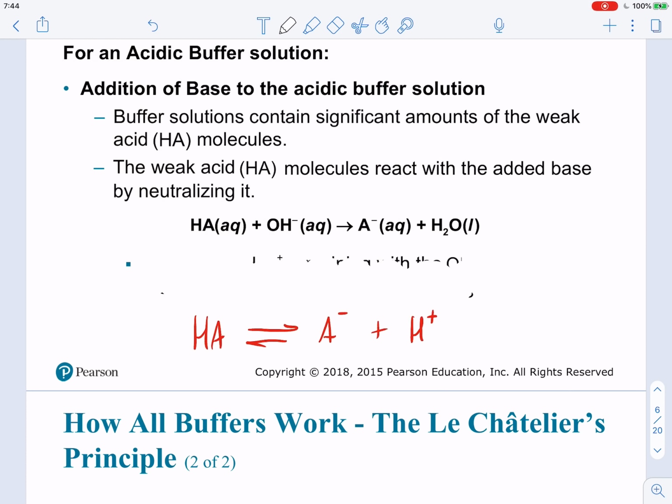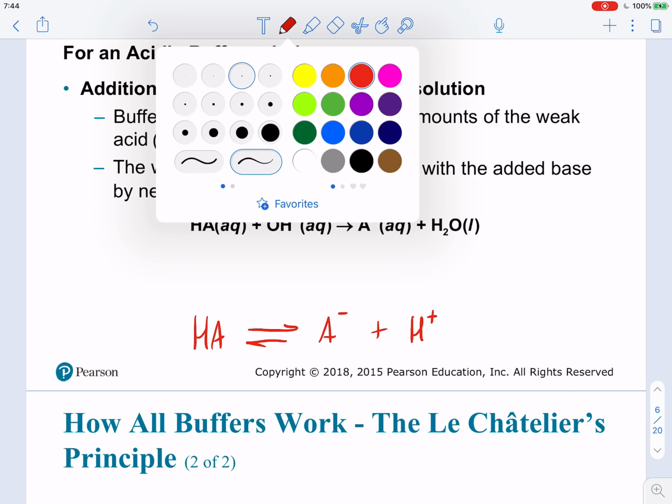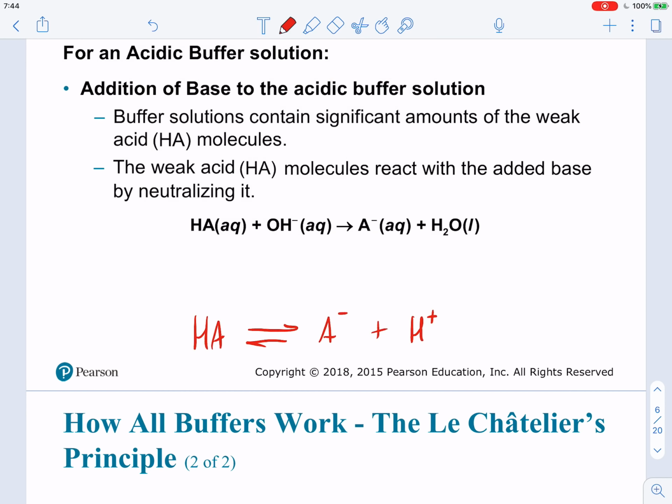I need more space. So let's think that for a moment we are adding HCl to this reaction. What is going to happen? If we think in terms of HCl, we are adding H plus and Cl minus, right? From the point of view of Le Chatelier's principle, adding acid is increasing the concentration of H plus.